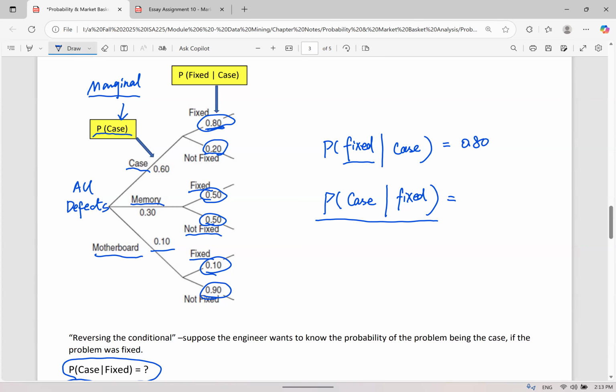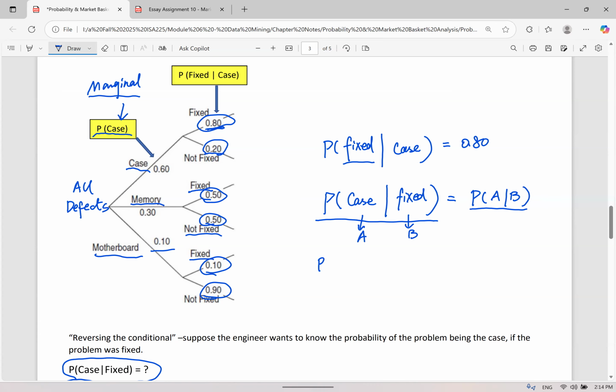Think about it. We can consider this as event A and this as event B. So we have the probability of A given B. Is there any formula we can use to get this conditional probability? We have our general multiplication rule.